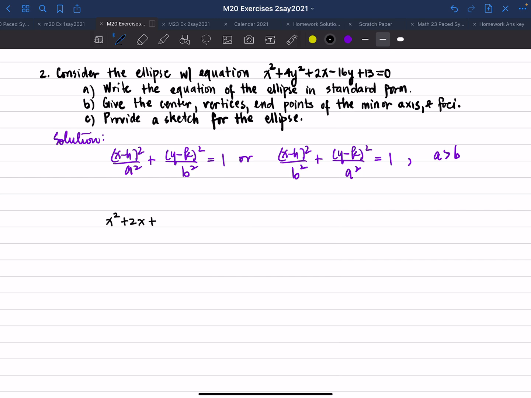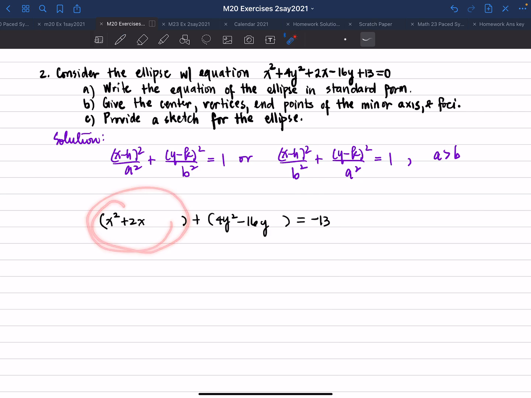Pagsamahin ko na yung mga x. Plus 4y square minus 16y equal to the constant. I will put it to the right. Okay.